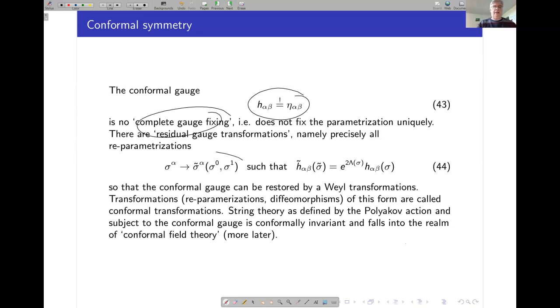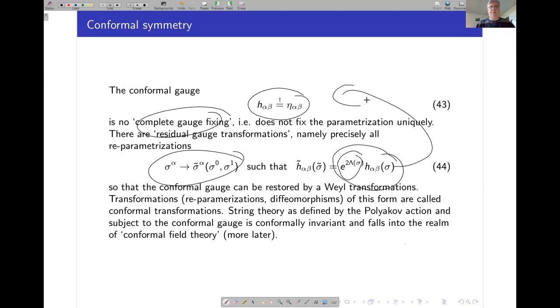Suppose we make a worldsheet reparametrization, but we choose it in such a way that the worldsheet metric, which is a tensor, is only changed by a conformal factor, or by multiplication with an everywhere positive function. If we restrict ourselves to such reparametrizations, then we can remove the factor that we produce by the reparametrization by a Weyl transformation, and then we are back in our conformal gauge.